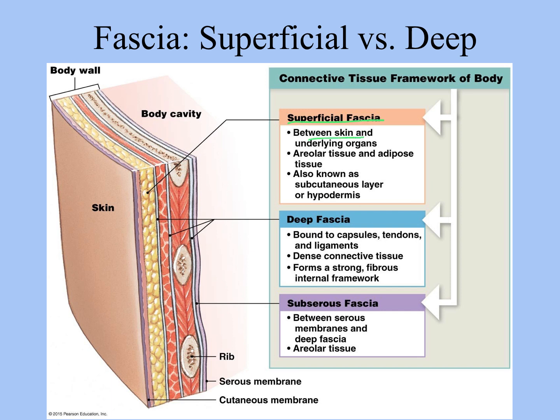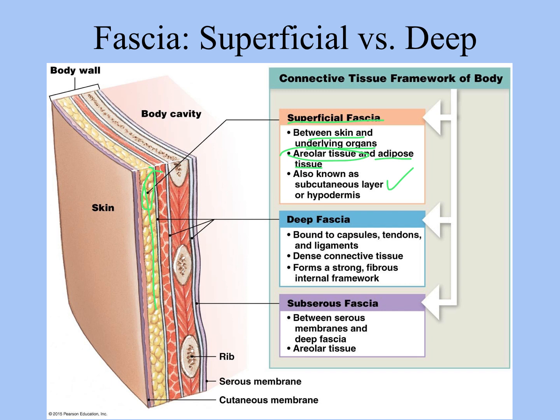Typically, you'll find it between skin and the underlying organs. So here is between skin and underlying organs. And if you notice just by looking at it, it contains mostly adipose tissue that is surrounded by areolar tissue or loose connective tissue. And often we more commonly refer to this as the subcutaneous or hypodermic layer.